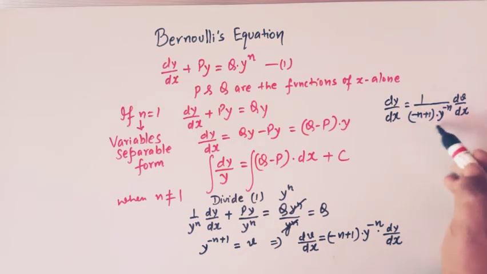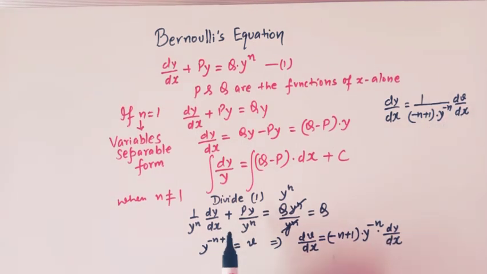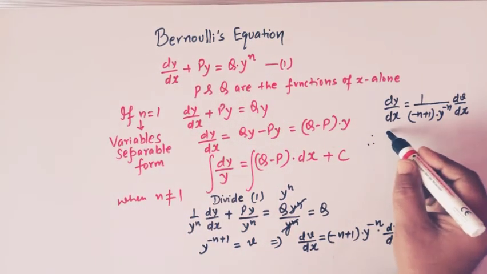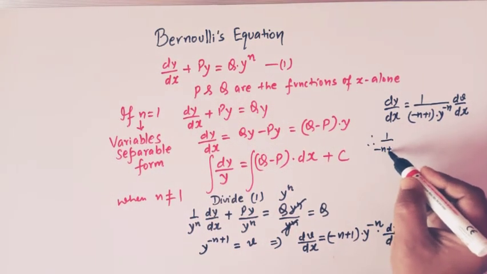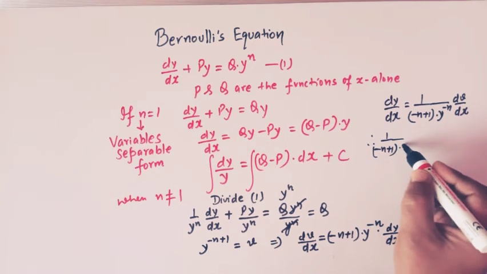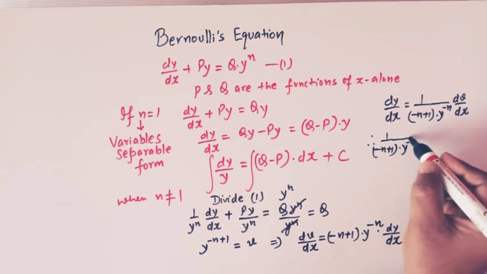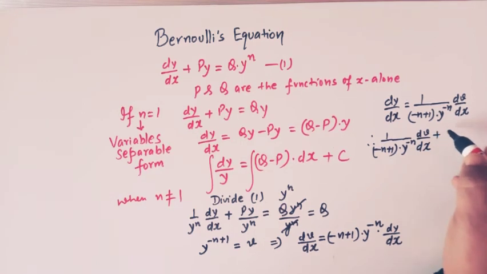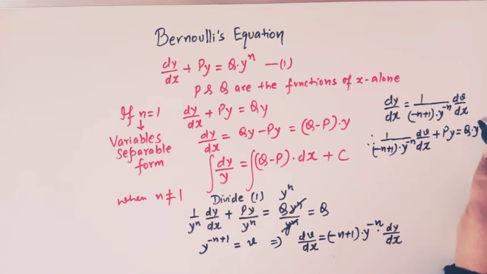Now if we substitute this value here, then we get 1/(-n+1) y^n dv/dx + py = q y^n.